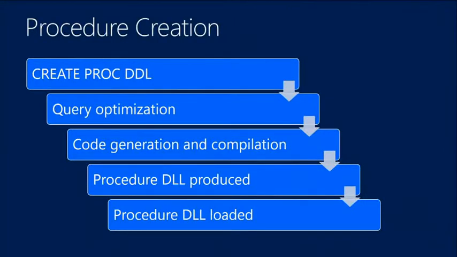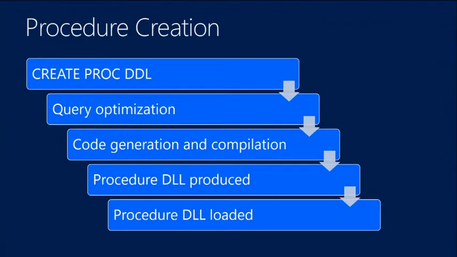So when you create a stored procedure, the process is fairly similar to creating a table, except there's one more step. You as a user execute the create procedure DDL. Then we run the stored procedure through the query optimizer to get an optimized execution plan for the query.